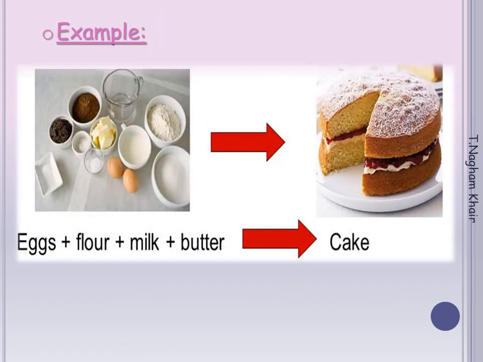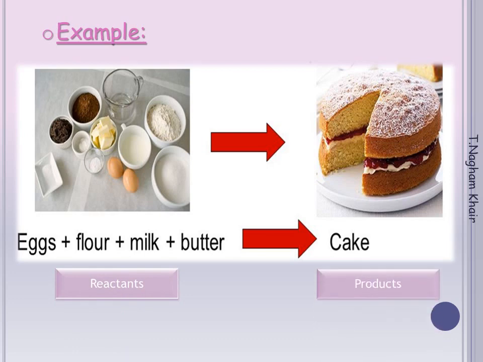For example, if your mother is making a cake, she will use eggs, flour, milk, butter to obtain the cake. This is a chemical reaction. Why? Because reactants are changing into product. What are the reactants?